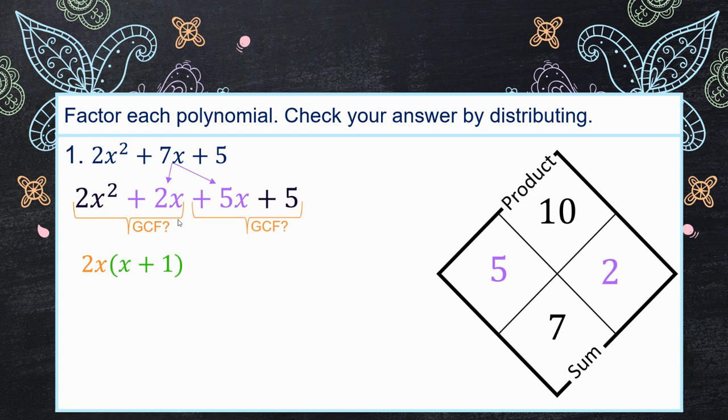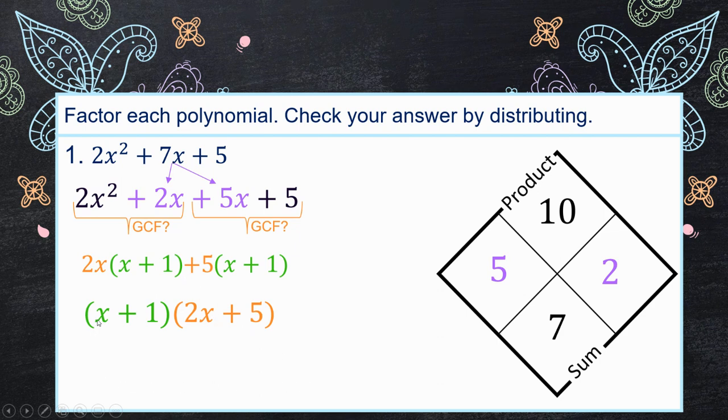So notice they both have a coefficient of 5. So they're both divisible by 5. They don't both have an x, so our GCF is 5. And then if I divide both of those terms by 5, I would get x plus 1. So notice that x plus 1 is our common binomial. That will be our first factor. And then 2x plus 5, those GCFs, make up our second factor.